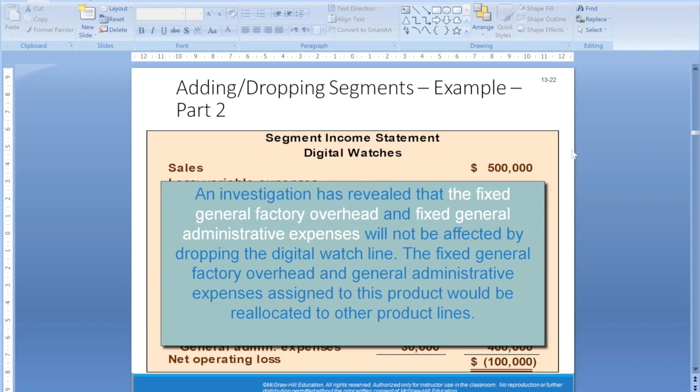The fixed general factory overhead and general administrative expenses assigned to this product would be reallocated to other product lines, which means the numbers of these two expenses will be irrelevant. Why? Because we will pay these two expenses regardless of the decision taken. If we stop or continue with the digital watches, we will have these two expenses.